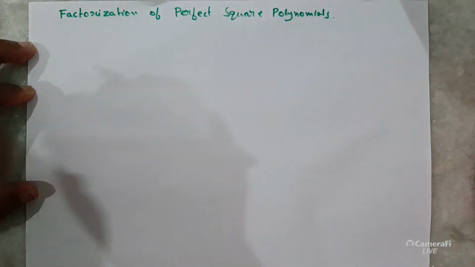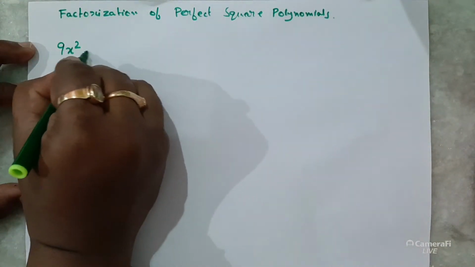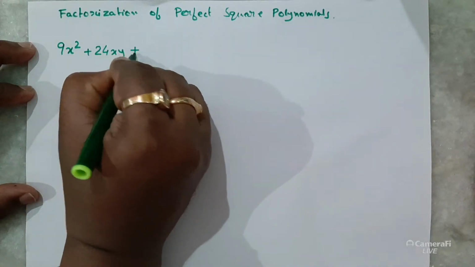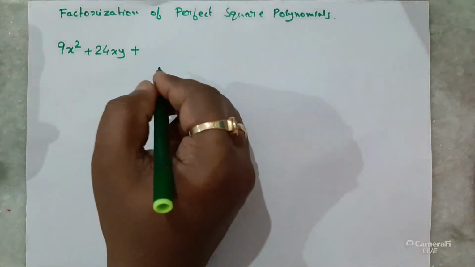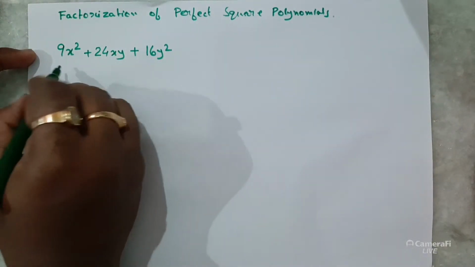First question is 9x square plus 24xy plus 16y square.